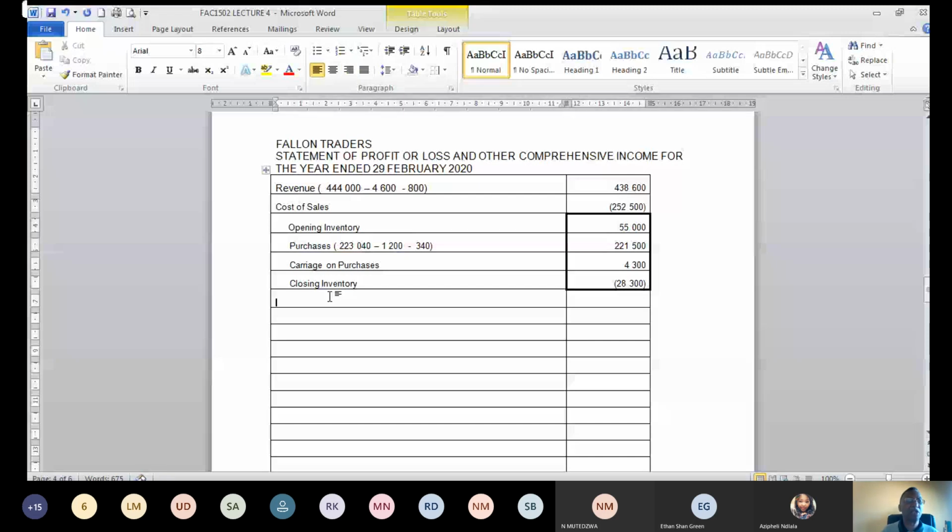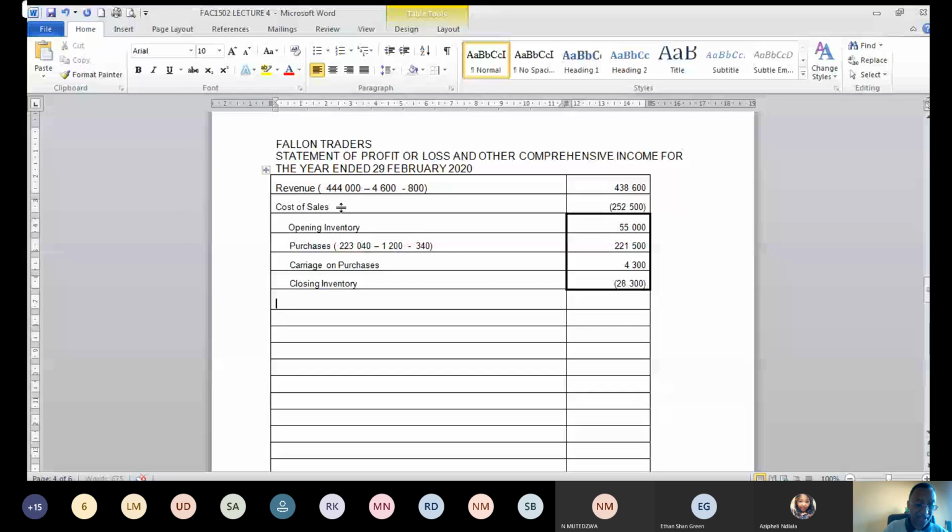And that will give you the solution of your first section of your statement. That is the calculation of your gross profit.